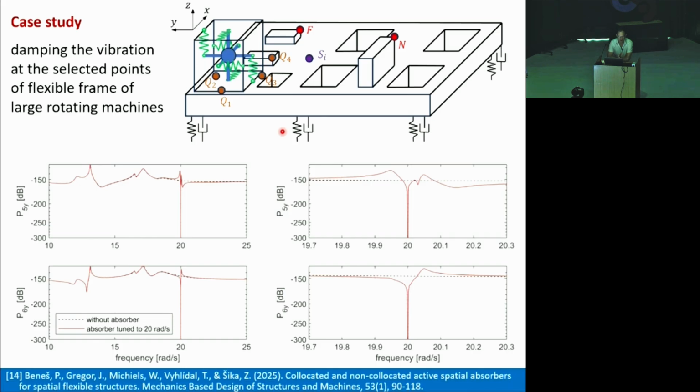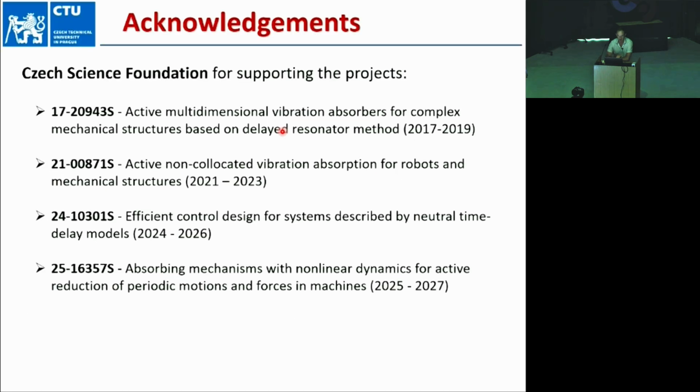We actually tested on some numerical case study. We got data from a company, from some application with large rotating machines. I cannot specify. They don't want us to spread the information, but it was also validated for some practical problem, numerically at the moment.